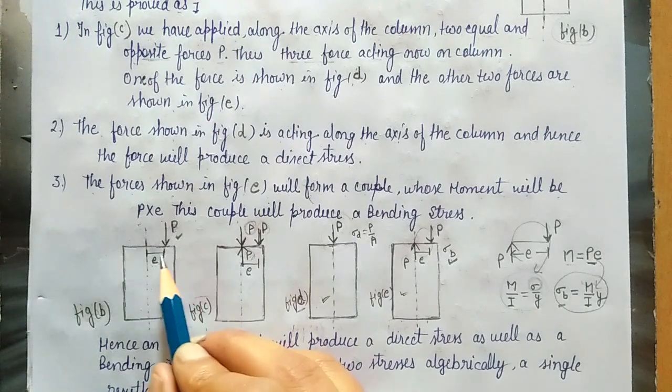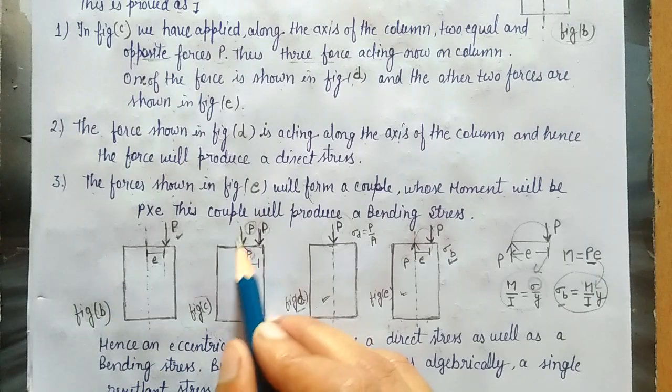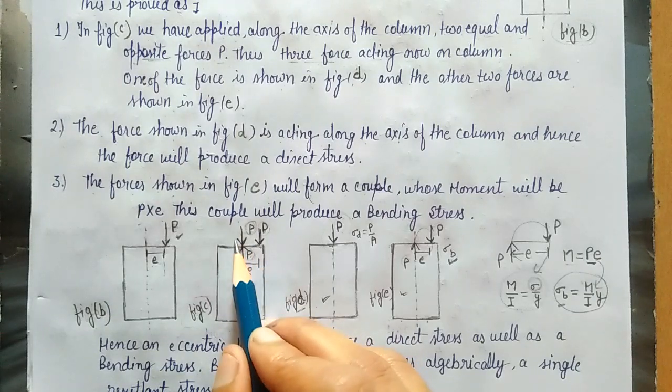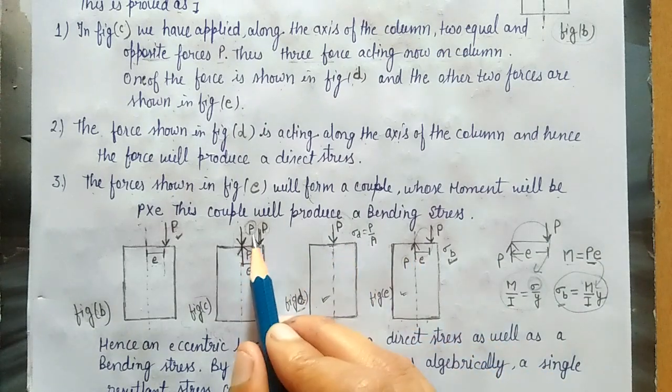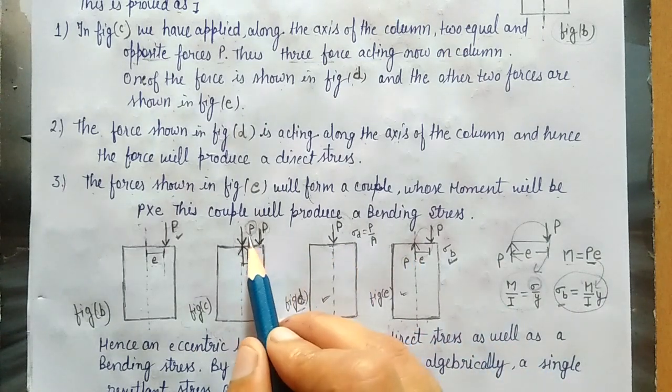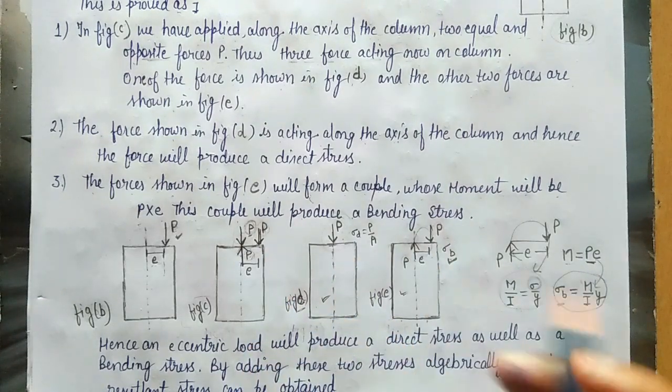How do we prove it? We apply two equal and opposite forces of the same magnitude, because these cancel out, there is no net value, and we separate this force and these two forces, and we see that the first force will produce direct stress and this couple will produce bending stress, right?